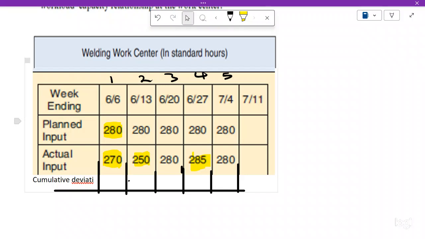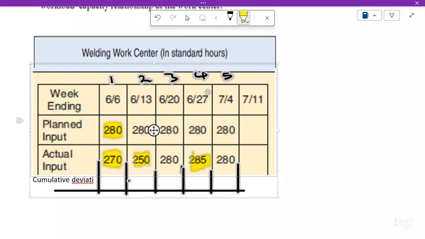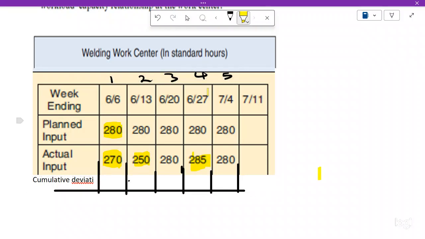So now, let's do the deviation. Input is the one we planned. You get the planned. So we're going to say 280 minus 270. How much is that? 10. Okay. 280 minus 250, 10 again. Oh, this is 30 plus 10 again.